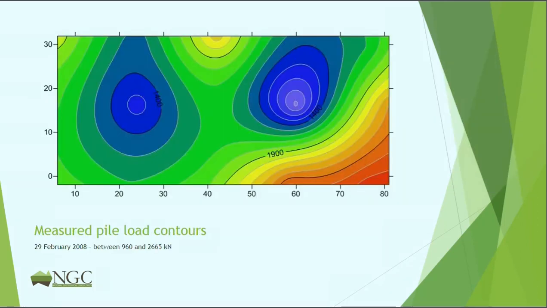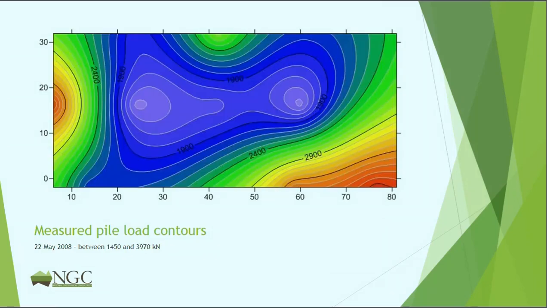So the results here of the pile load, red is the highest load, so you can see that the measured load was highest at the beginning in this corner, and we are certainly getting lower loads under the potential lift cores.